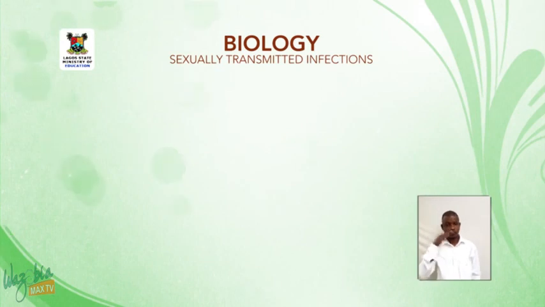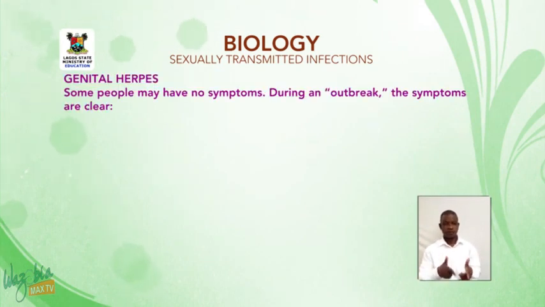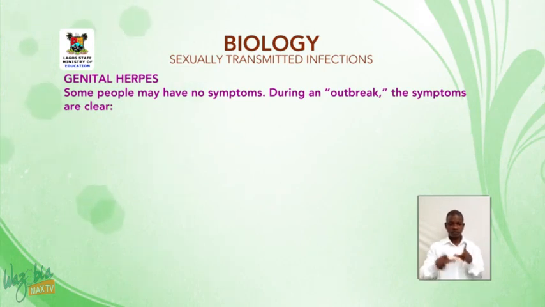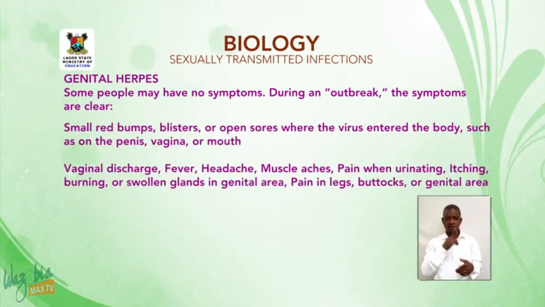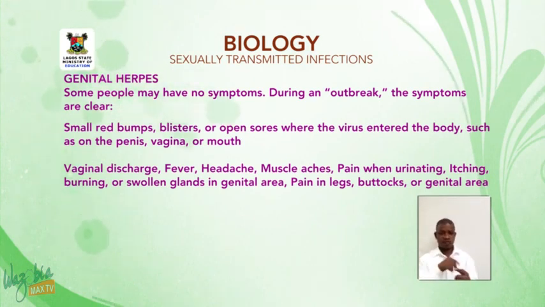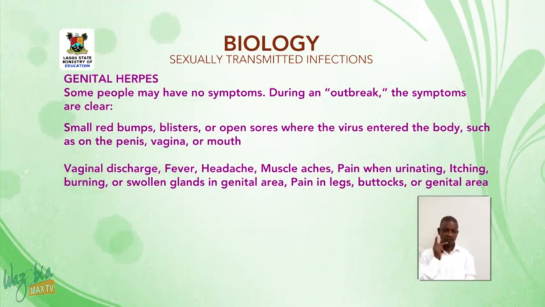You are welcome back. Now let's look at genital herpes. Some people may have no symptoms. During an outbreak, the symptoms are clear. Small red bumps, blisters, or open sores where the virus enters the body, such as on the penis, vagina, or mouth.